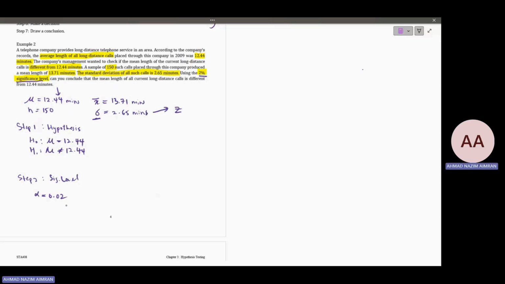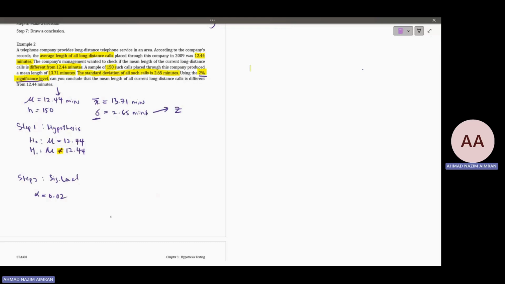Since we are using two-tailed test, why two-tailed test? Because we want to know whether it is different or equal. So when the alternative hypothesis uses this symbol, we need to use the two-tailed test, not one-tailed test.